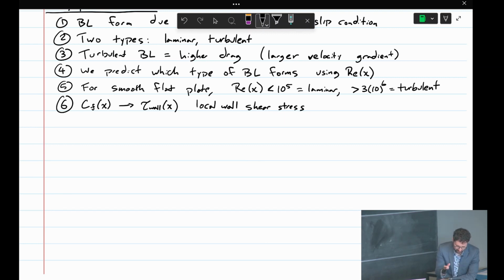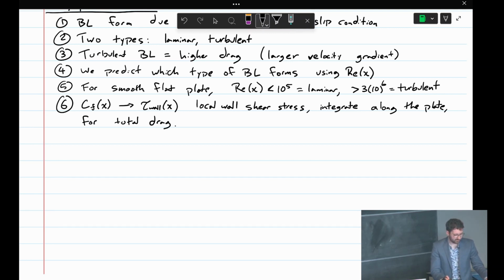Local meaning it's at a point X. And if we integrate that along the plate, we get the total drag. That's kind of a summary of this boundary layer topic.